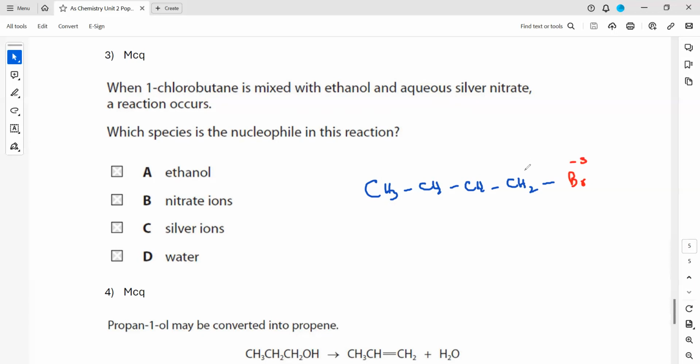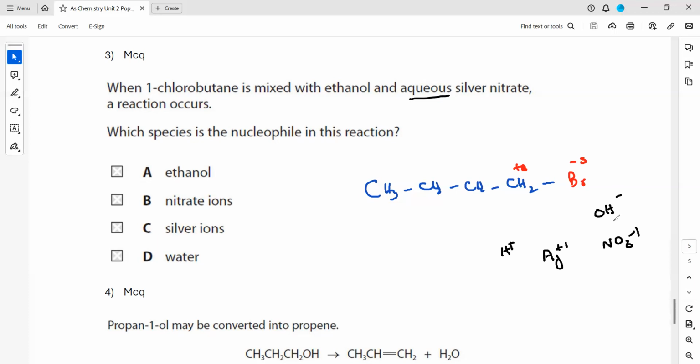So Br is negative, this is positive. Now what will happen? We add aqueous silver nitrate. So there will be Ag plus ion, NO3 minus ion, H plus ion, and OH minus ion. H plus and OH minus are because of the water, and Ag plus and NO3 minus are due to silver nitrate. All nitrates are soluble.